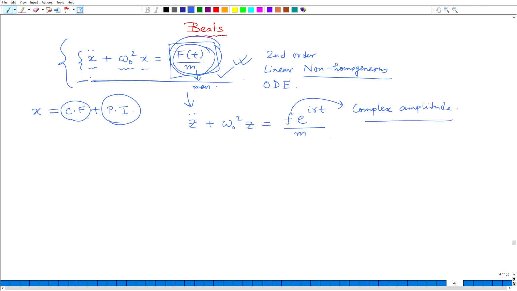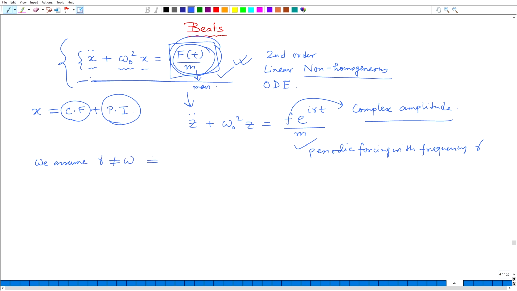So, here we are of course considering a special case of periodic forcing with frequency gamma, okay. Now, we assume gamma is not equal to omega.